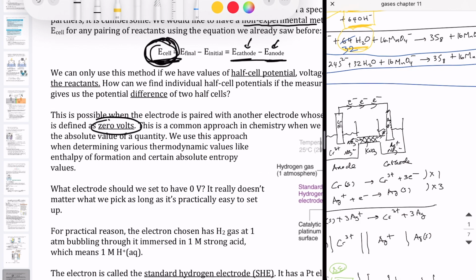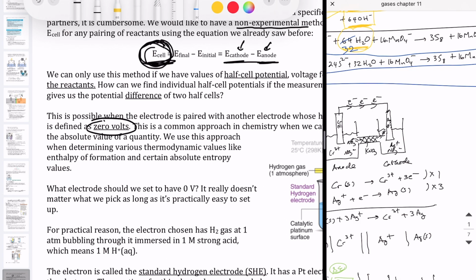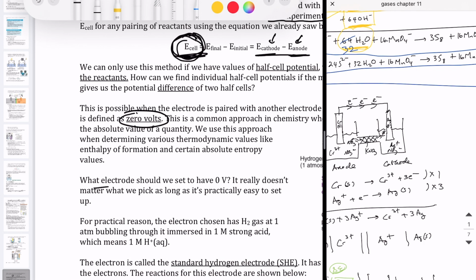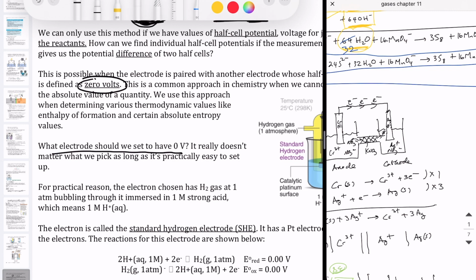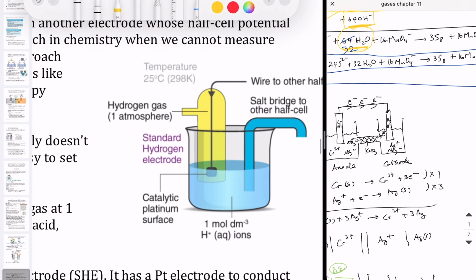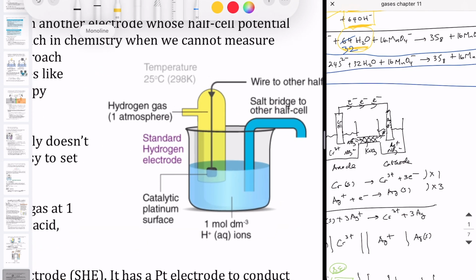We're defining an electrode that we would say has 0 volts when we measure it. So which electrode should we use? It's arbitrary, but you want something that's pretty easy to set up experimentally. So in this case, we choose something called a hydrogen electrode, and specifically the electrode looks like this.